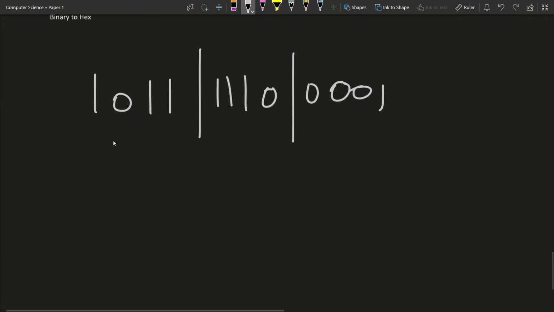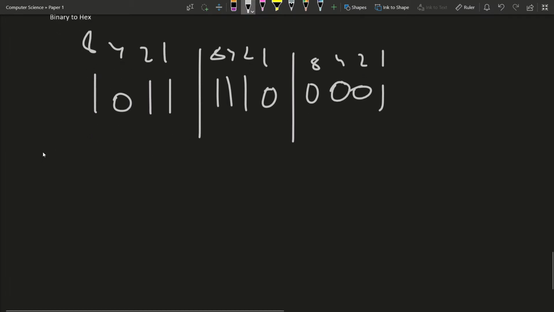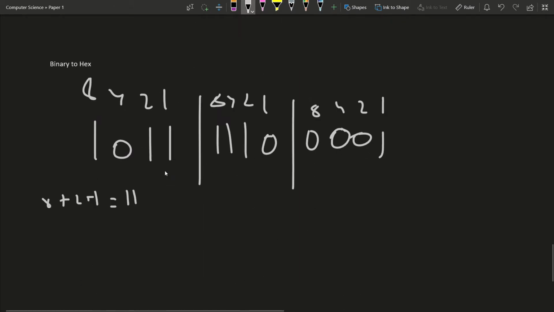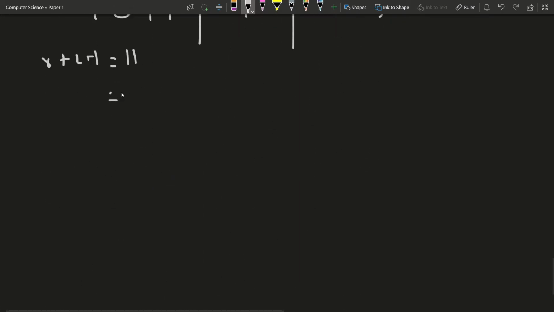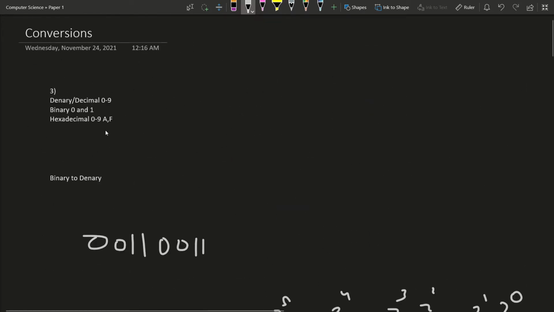So first, let's start from here. You're going to use 8, 4, 2, 1, 8, 4, 2, 1, 8, 4, 2, 1. So 8 plus 2 plus 1 is going to be equal to 11, and 11 in hexadecimal is B. So why is it B? Let's come back to the top.